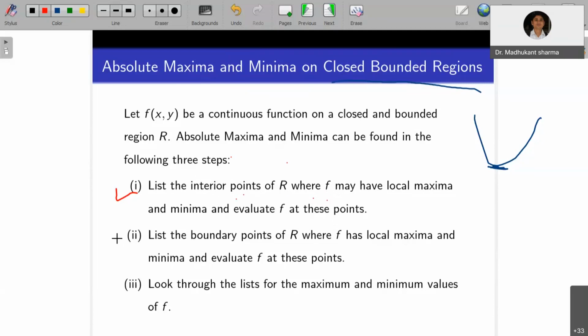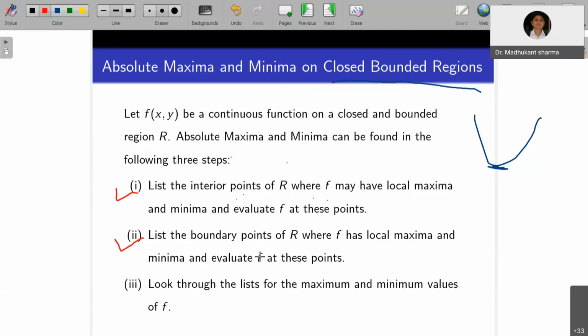The second thing is the boundaries are also critical, so you have to search along the boundary of the region R as well. It depends on what kind of shape R is, a rectangular region, a triangle, a hexagon, or a circle.